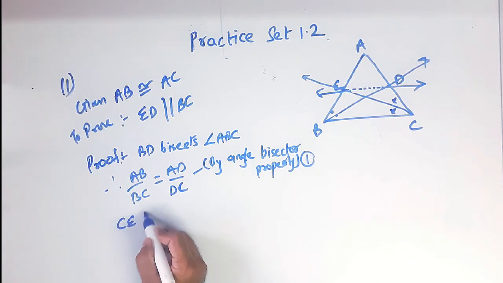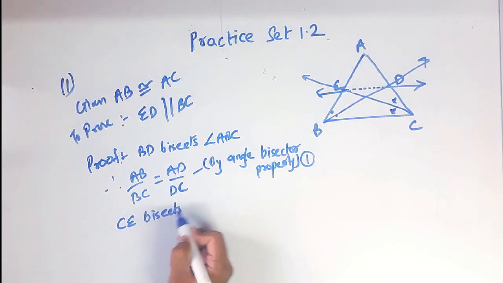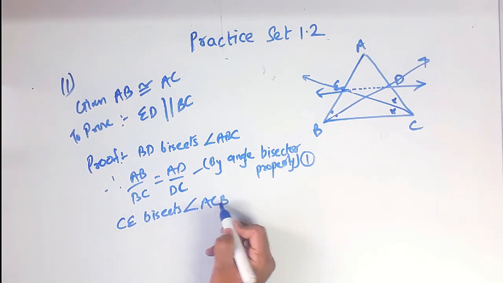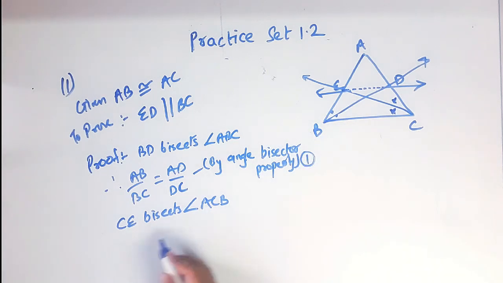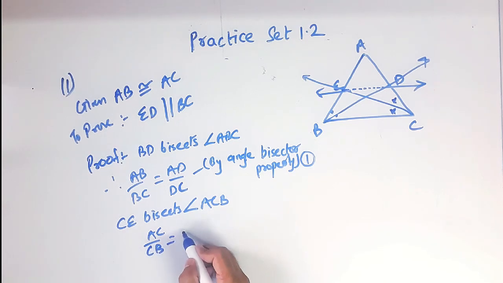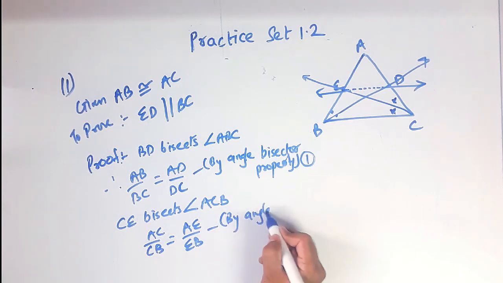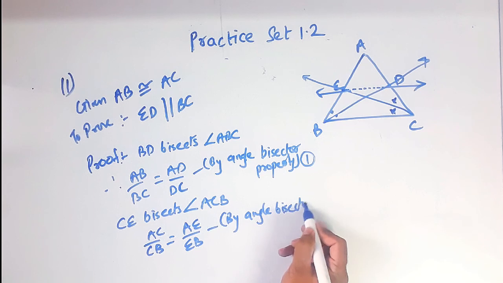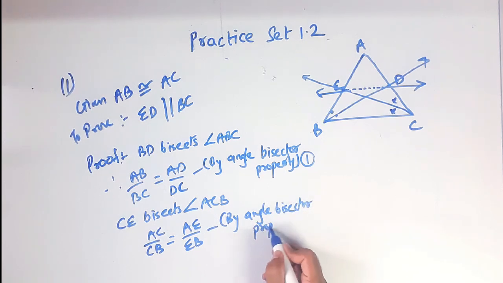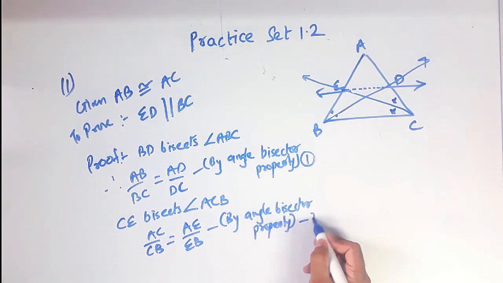Similarly, CE bisects angle ACB, so I can use here AC upon CB equals AE upon EB. This is also by the angle bisector property. This is point number 2. Is there anything common you can see?